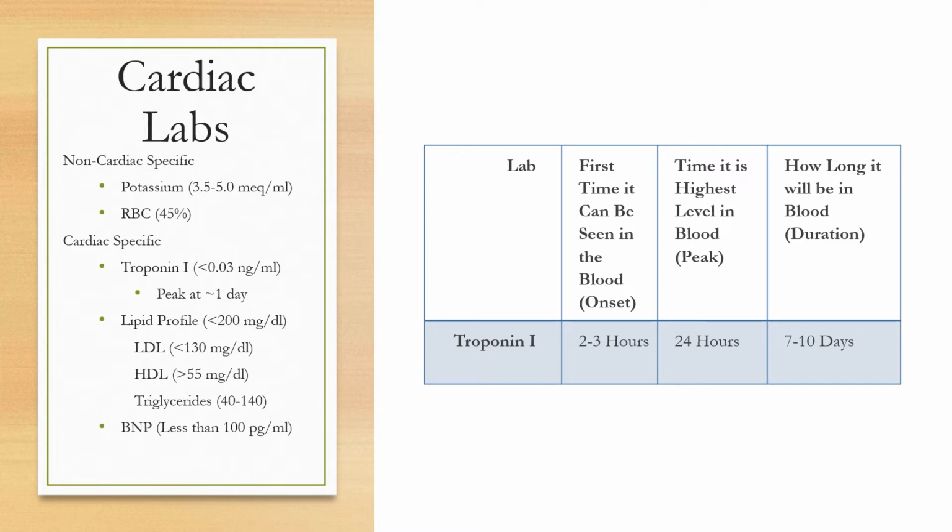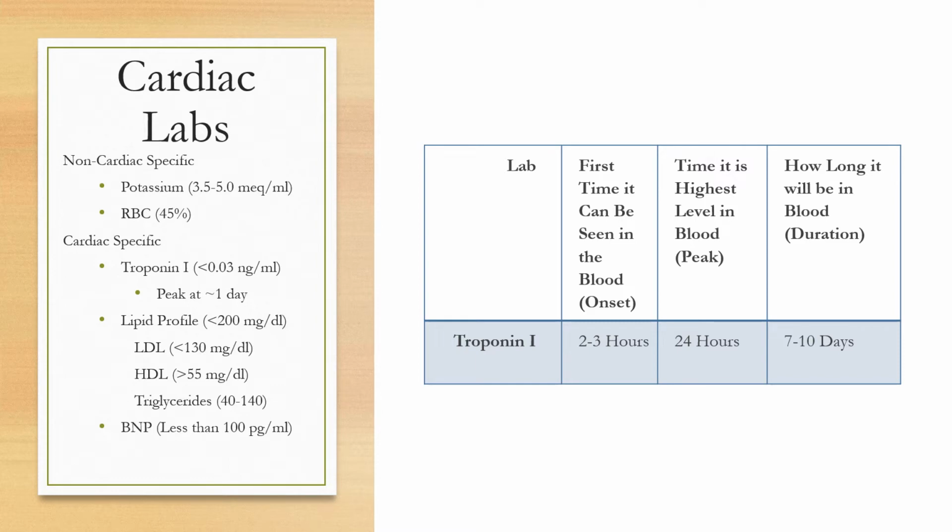So sure, we can get a CBC and look at their hemoglobin to make sure that they're not anemic, because patients with severe anemia can have chest pain. When you're severely anemic, it means that you're not able to carry a lot of oxygen in your hemoglobin, so you're low on oxygen, and that could result in angina because you're not able to supply the heart with enough oxygen.